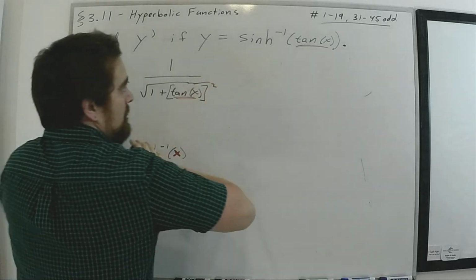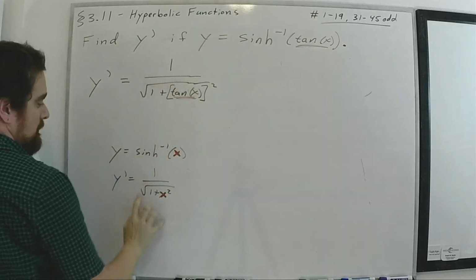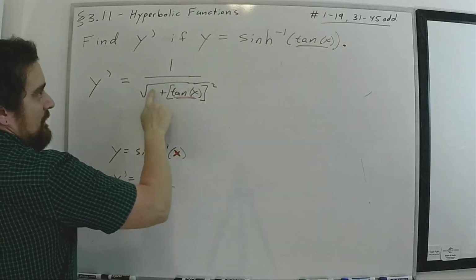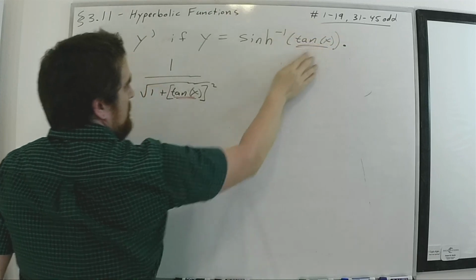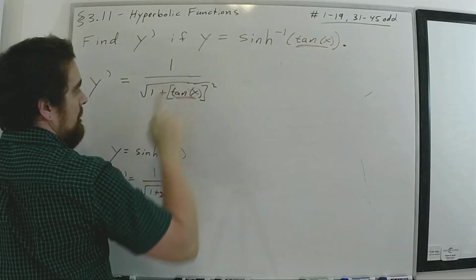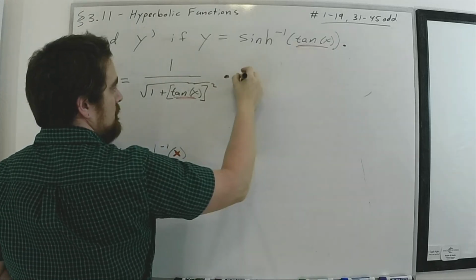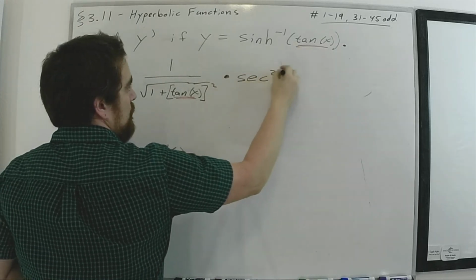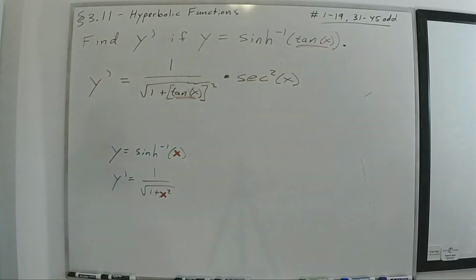That's just differentiating the sine hyperbolic function with its pattern. But I have to use chain rule now because I just differentiated this function. All I did was copy and paste the inner function. Now I need to multiply by the derivative of the inner function, which is secant squared of x. The derivative of tangent of x is secant squared of x.